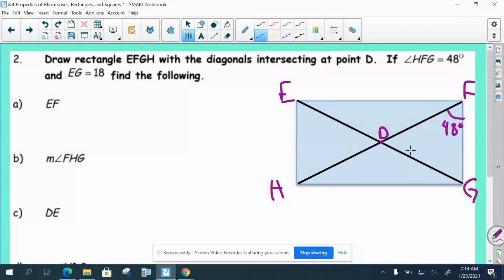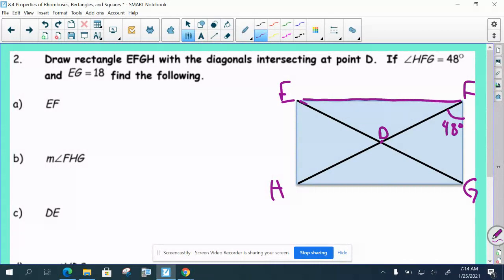We also have right angles here. And EG is 18, so this whole part, which would be the hypotenuse of either of these right triangles, is 18. We're looking for EF, this side right here.